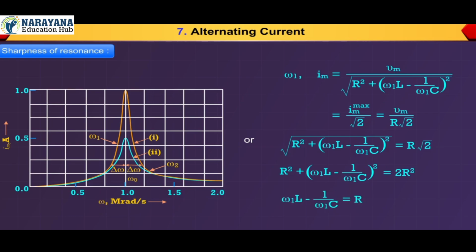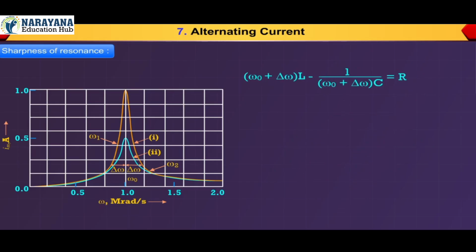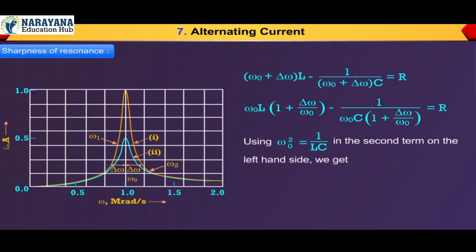Omega 1 L minus 1 upon omega 1 C is equal to R, which may be written as (omega 0 plus delta omega) into L minus 1 upon (omega 0 plus delta omega) into C is equal to R. Omega 0 L into (1 plus delta omega upon omega 0) minus 1 upon omega 0 C into (1 plus delta omega upon omega 0) is equal to R, using omega 0 square is equal to 1 upon LC.